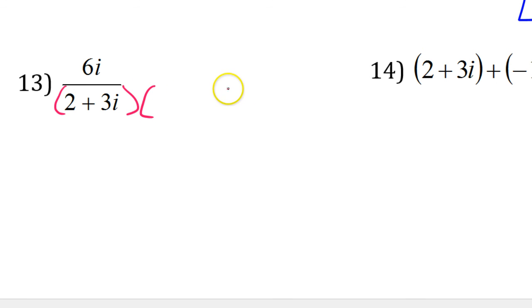To get rid of the i's in the denominator, we will multiply by the conjugate. 2 plus 3i, the conjugate is 2 minus 3i. So that's what we have to multiply by. We have to do it in the top and the bottom, so I need to multiply the numerator by 2 minus 3i as well.